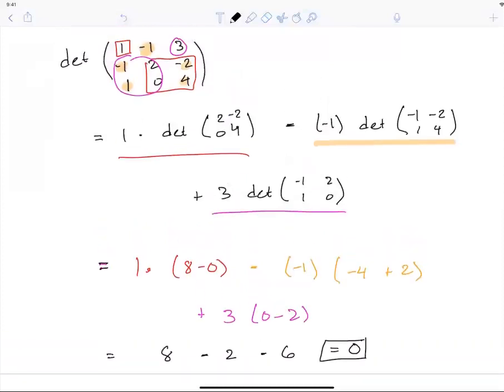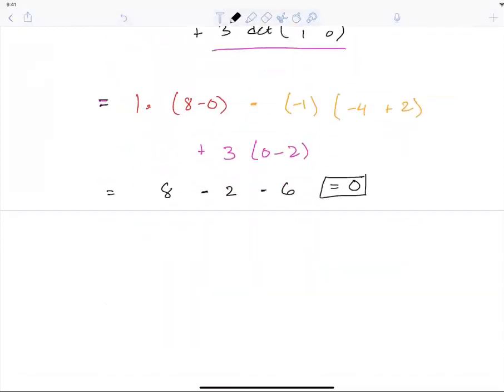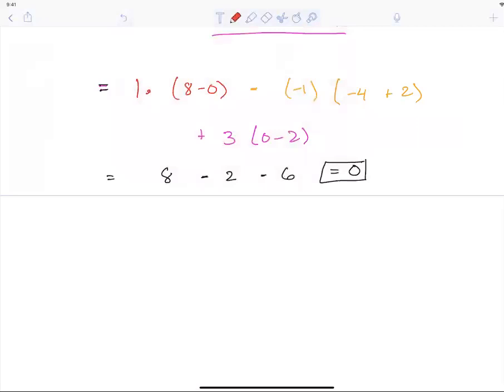All right, so this says the determinant is 0. So if we look at the before and after graph, this is telling us it's going to get squashed. We're losing at least one of the dimensions. And in particular, this tells us that this matrix 1, -1, 3 is not invertible.